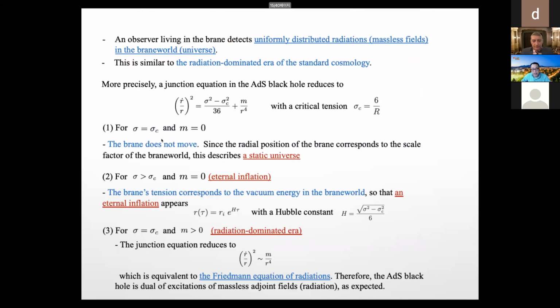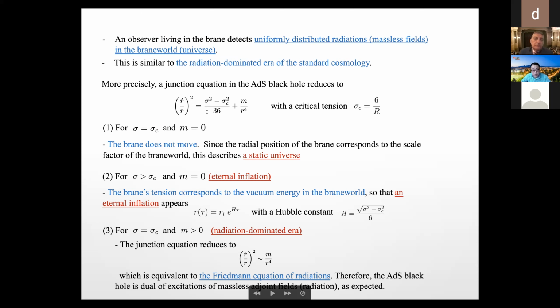In this case, we also find the junction equation. Then the junction equation is given by this one. Here, sigma C is given by this value. This is some critical tension. Let's first consider m equals 0, so there is no zero-brane.